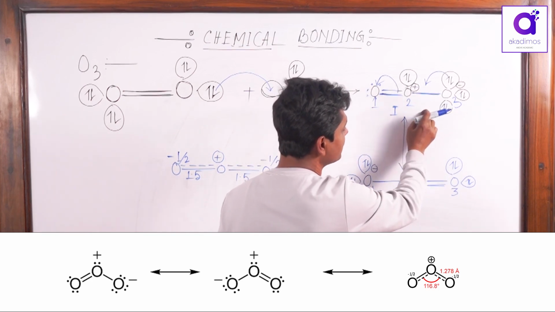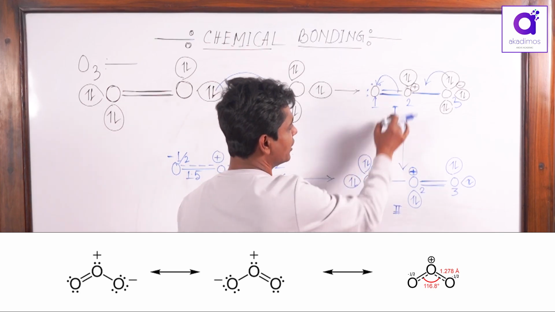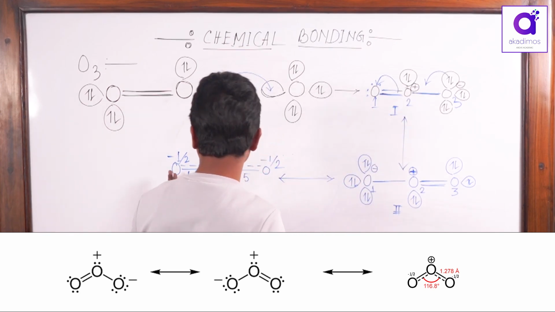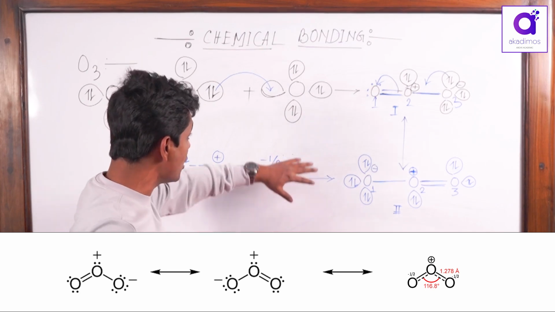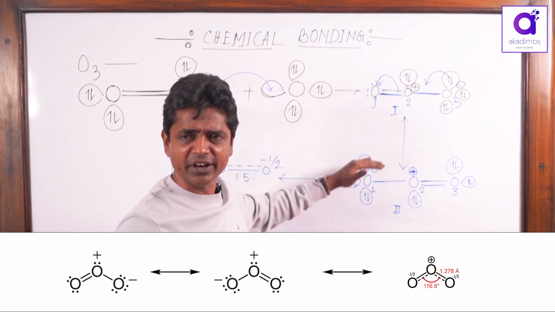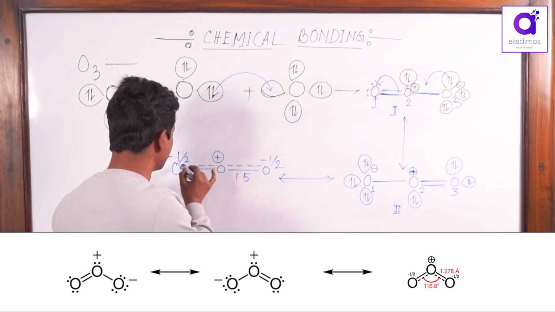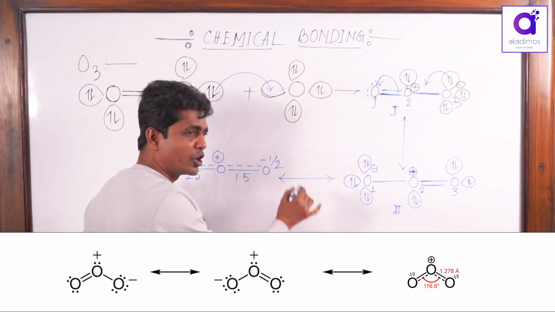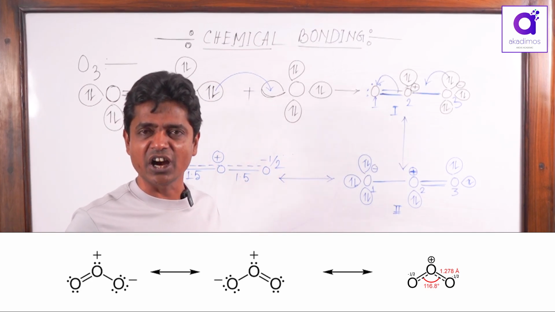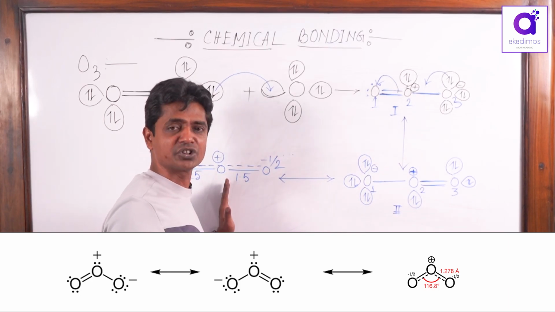But in 1 the right side is -1, in 2 the left side is -1. Averaging 50-50, you get minus half. Now these two different canonical forms give a clear idea about the equal bond order, equal bond energy, and the formal charge on the terminal oxygen and on the middle oxygen.